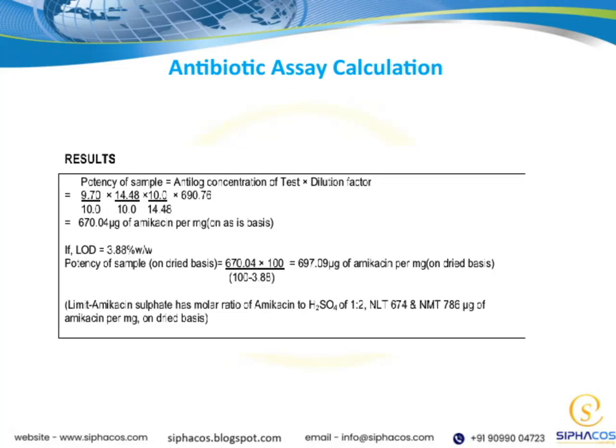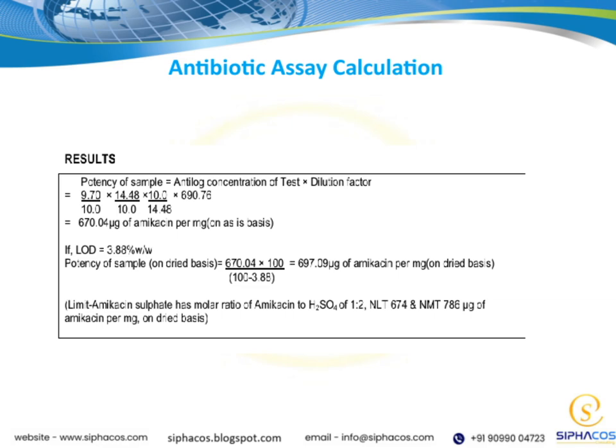Let's take a closer look at antibiotic assay calculation. This is a crucial step because it allows us to determine the potency of our antibiotic sample accurately. Essentially, we're comparing the activity of our sample against a standard to see how effective it is. The calculation involves measuring zones of inhibition or other activity indicators, then applying the appropriate formula to find the concentration or activity units.